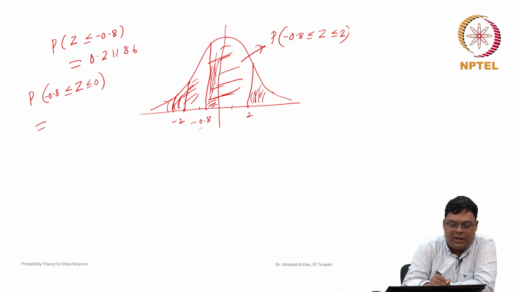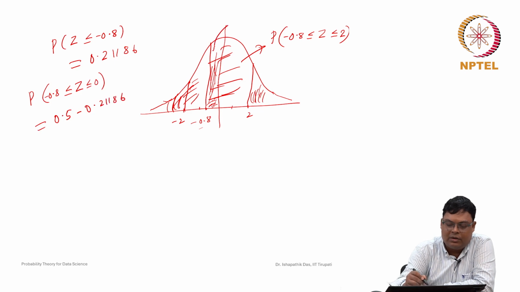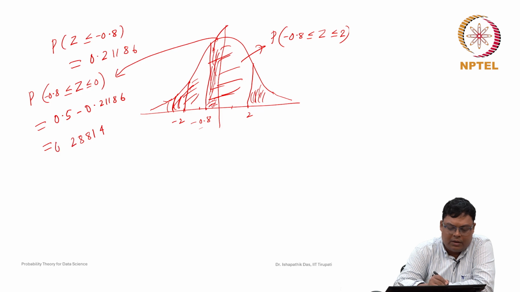This area will be nothing but 0.5 minus 0.21186, so we just have to subtract this. So, this is nothing but 0.28814.